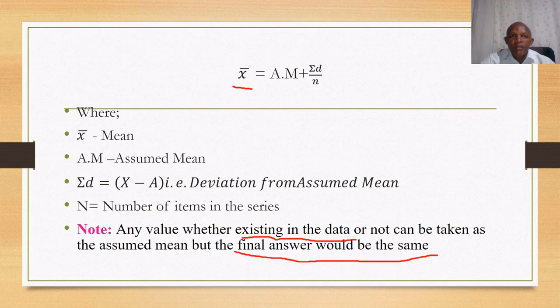Our assumed mean method, my laptop today is not behaving properly, sorry, but I'm just saying that the assumed mean method is given by the arithmetic mean being equal to the assumed mean plus the summation of deviation from assumed mean over n.